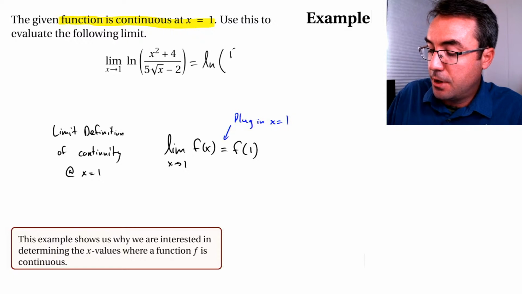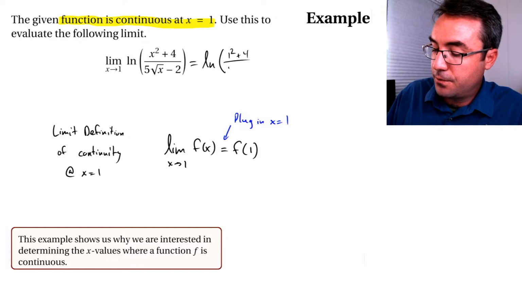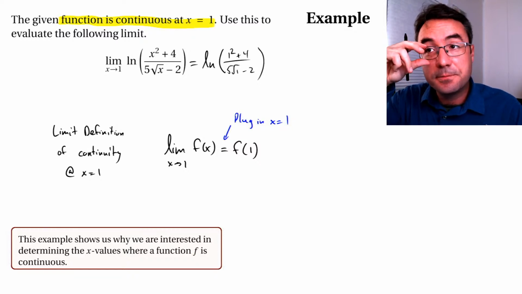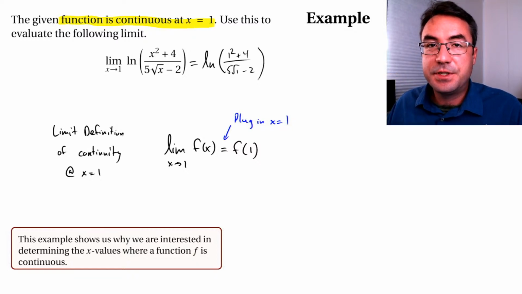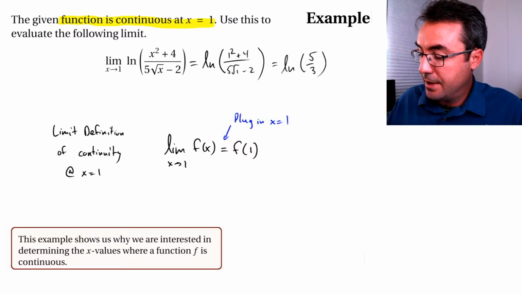So we get natural log of (1 squared plus 4) all over (5 times square root of 1 minus 2), all inside the natural log function there. And if we simplify that down, we get natural log of 5 over 3, and that's it.